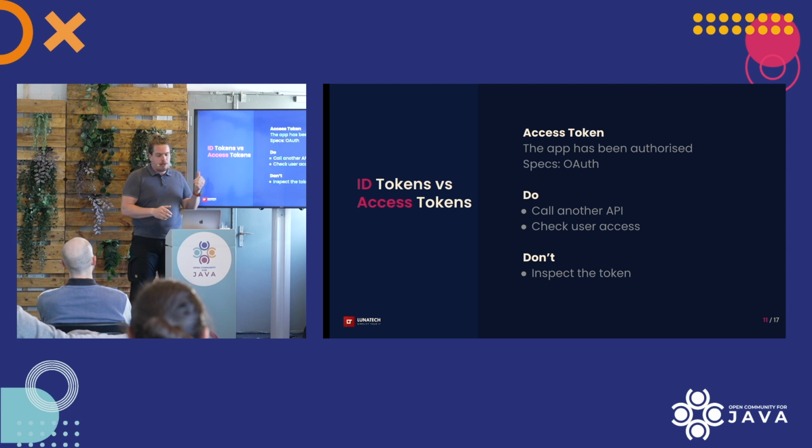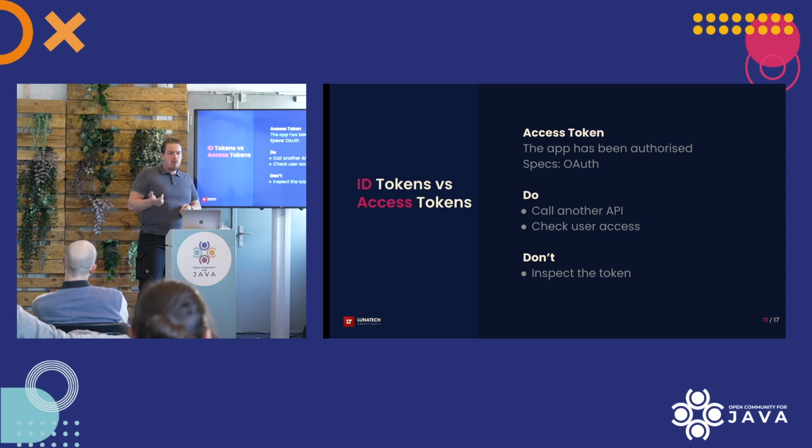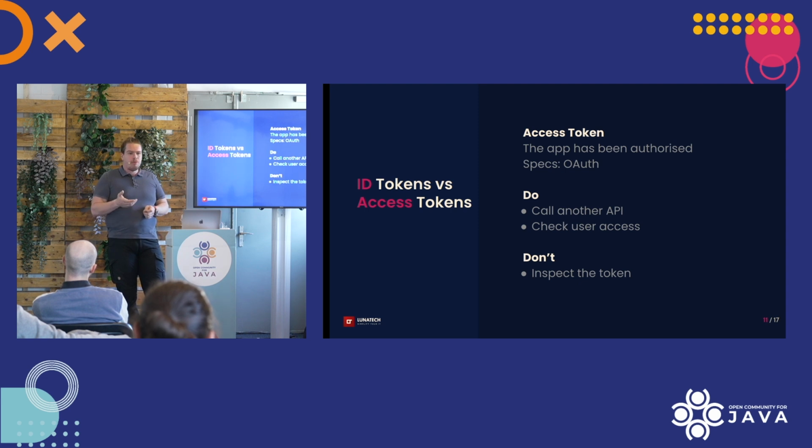So that's what we see here. With the access token, the application has been authorized. The specification is from OAuth, and with this one you can call another API, check the user access. What you typically shouldn't do yourself is inspect that token. If you use Keycloak, for example, you could, because it's simple as JWT.